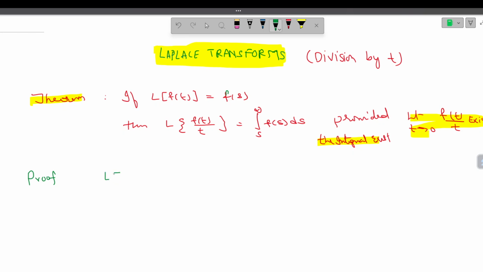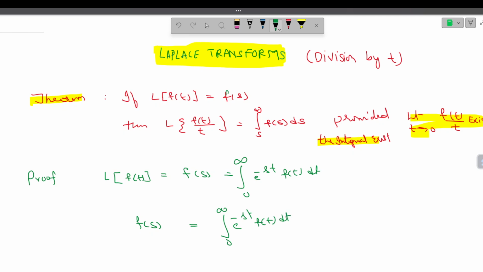What we have? We have the Laplace transformation of f of t equal to F of s, which is equal to the integral from 0 to infinity of e to the power of minus st f of t dt. So we have F of s equal to the integral from 0 to infinity of e to the power of minus st f of t dt.